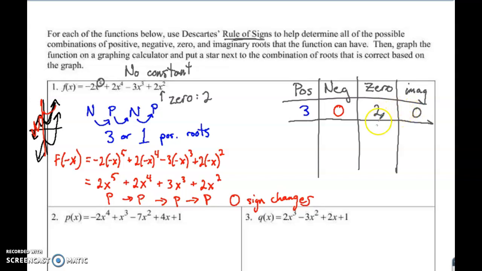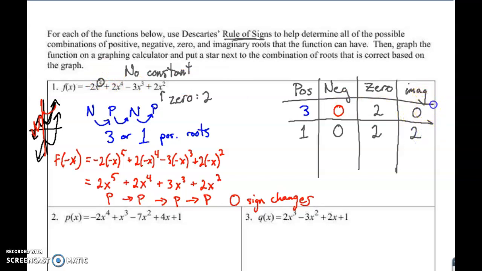Now, the next time I do this, there has to be 2 zero roots by the constant rule. There has to be 0 negative roots by the Descartes rule of signs, but you could have 1 positive root. So if there's 1 positive with 2 zero, how many are left over to be imaginary? 2.